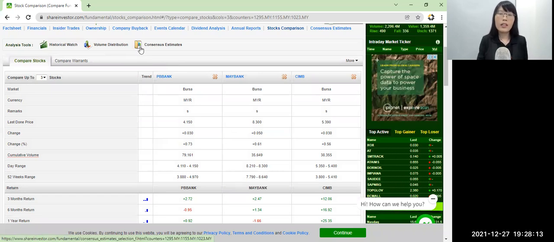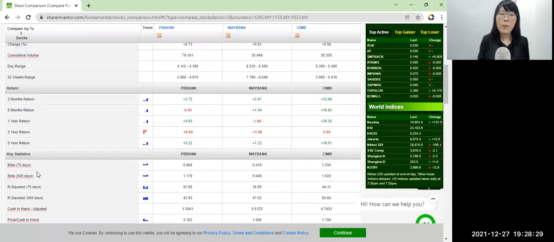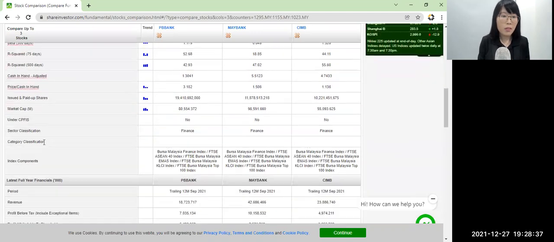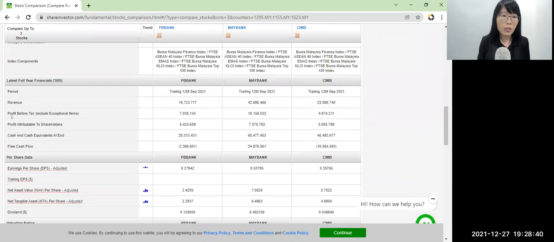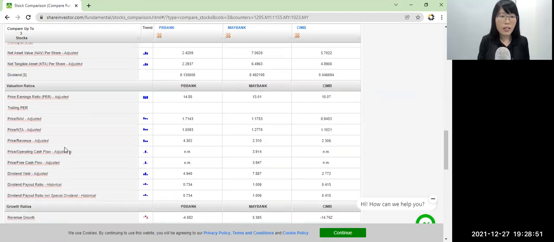So you can see the last done price, volume, day range, 52 weeks range, 3 months return, 6 months return, 1 year return, 3 year return, 5 year return, beta, okay? Cash in hand, market cap, okay. What is the revenue, profit before tax, profit attributable to shareholders, free cash flow, earnings per share, dividend, okay.